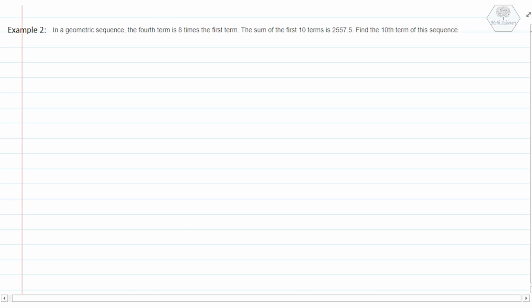In a geometric sequence, the fourth term, which is u4, is 8 times the first term, equal to 8 times u1.